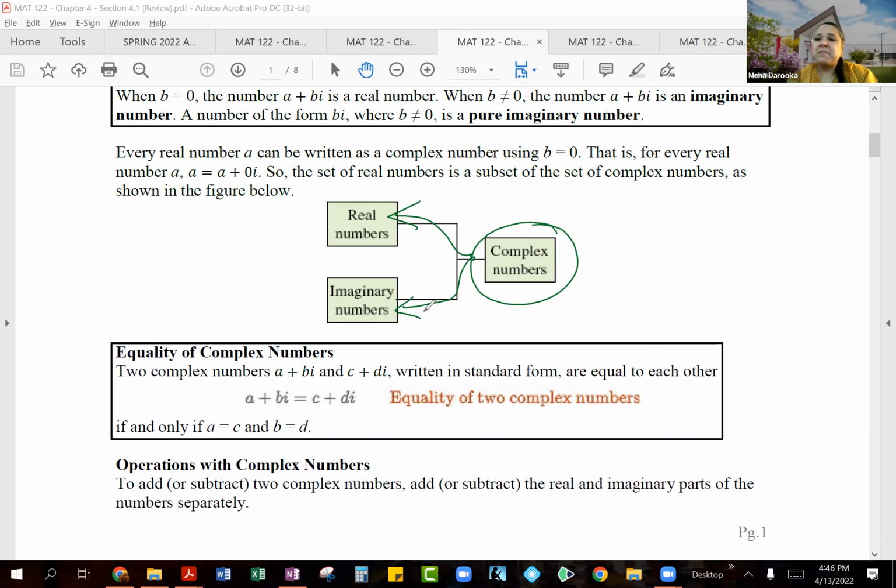So real and imaginary numbers are subsets of the bigger complex number set. Sometimes textbooks use complex numbers terminology for imaginary numbers, but technically real numbers are also complex numbers, because they're subsets of those.